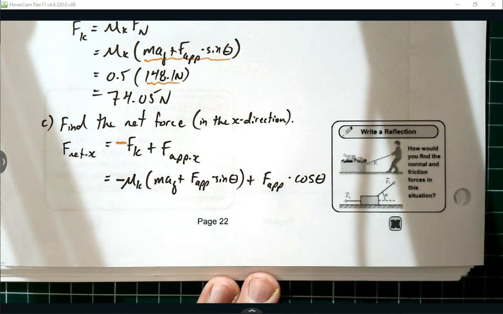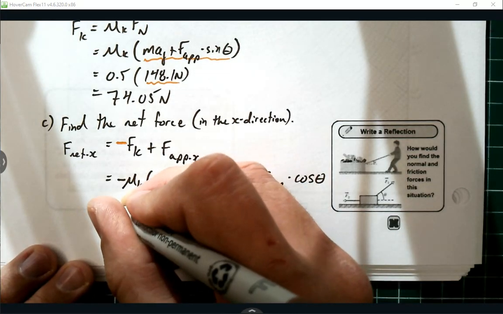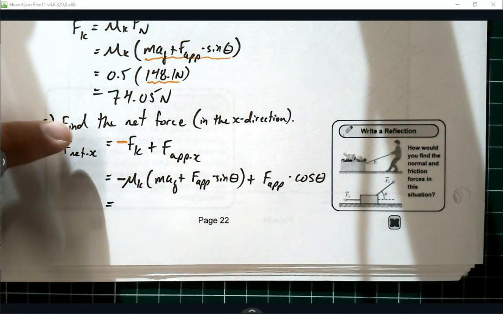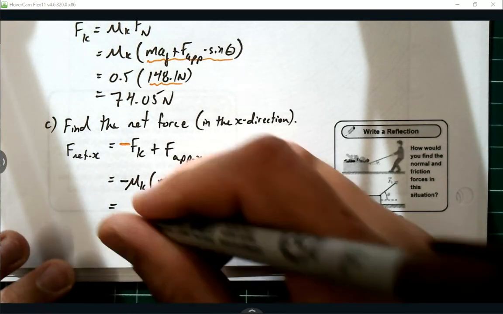And I can't think of a cute little trig identity that's going to let me unpack or simplify that sine theta and cosine theta, so I would just leave it like that. It is the same theta though. But in the end, you guys help me out. Try and put it into your calculator. See what you get.